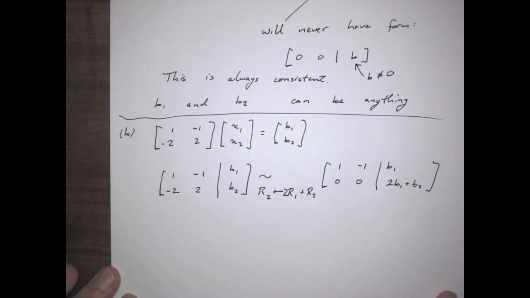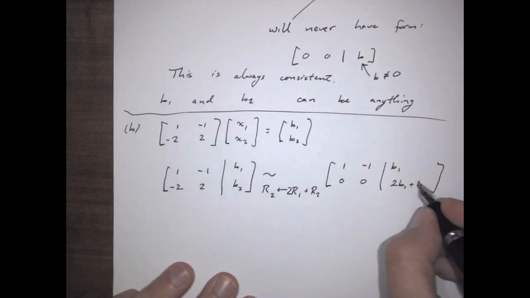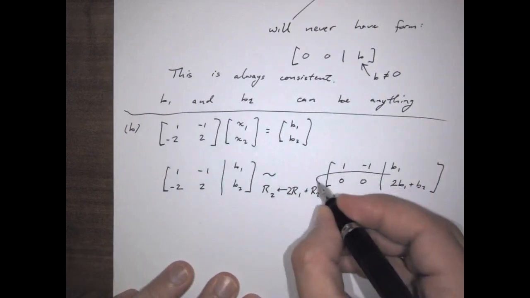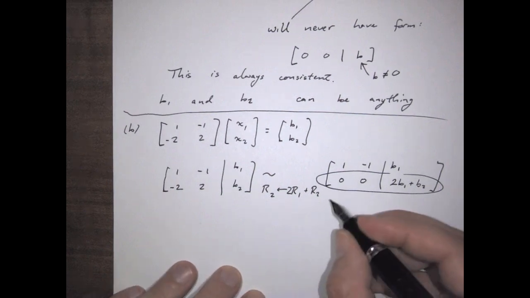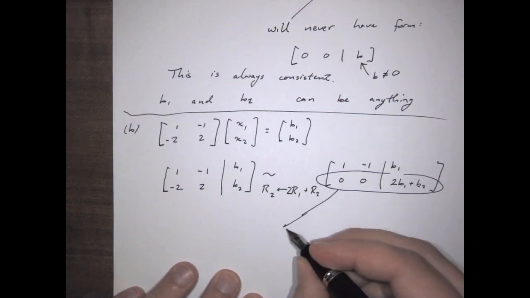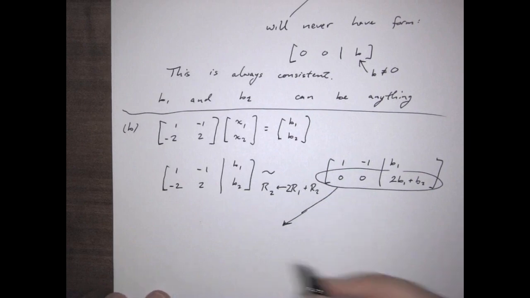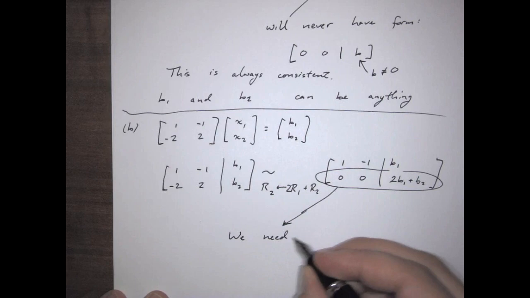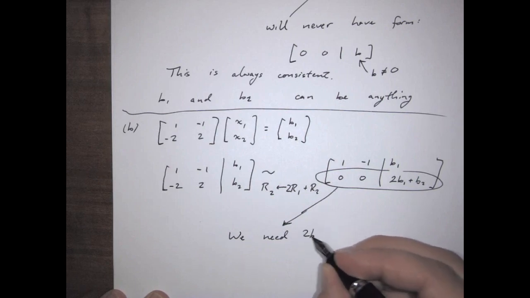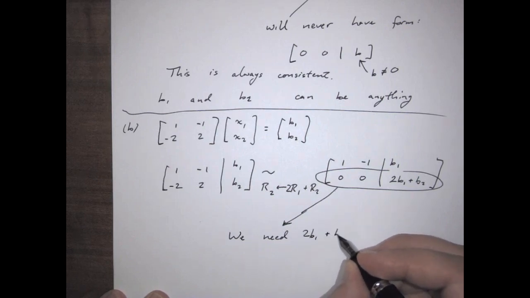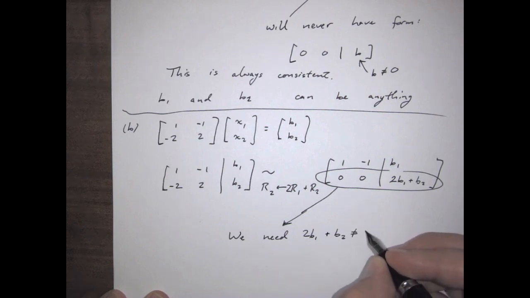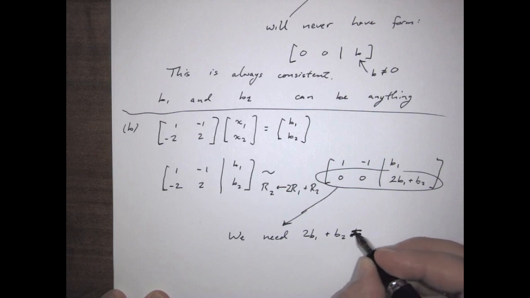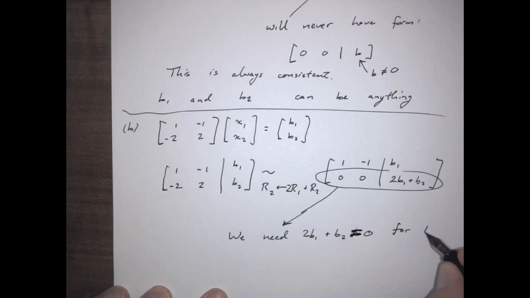So now, all of a sudden, we are in the danger zone here. We don't have to go any further. We can already see what it is going to take and what it is that would do us in here. So we need 2 times b1 plus b2 to equal 0 for this to be consistent.